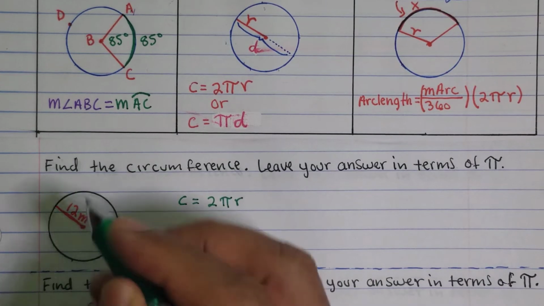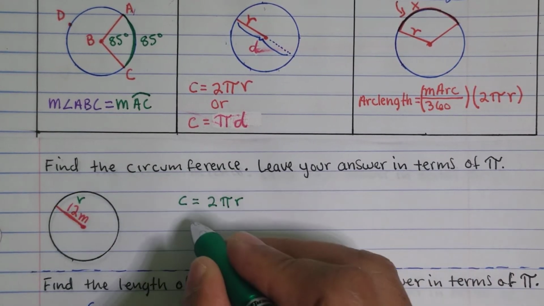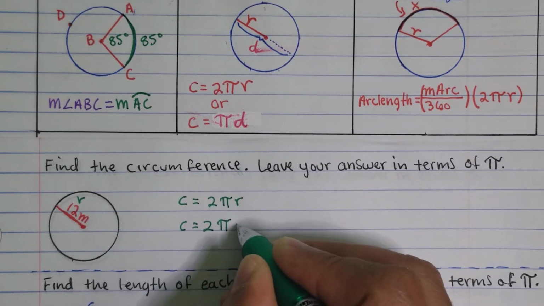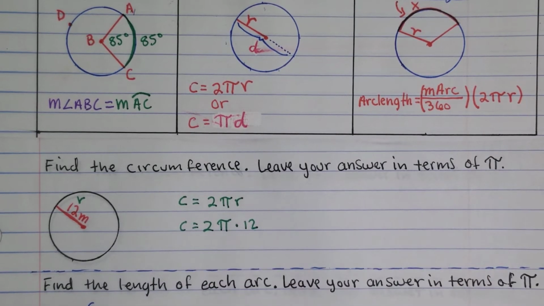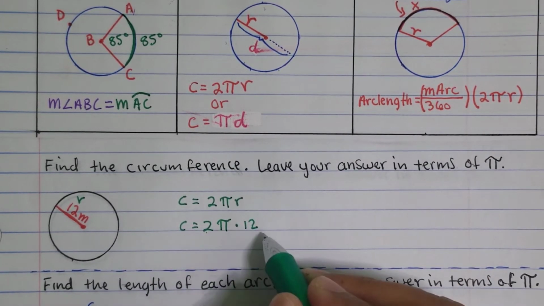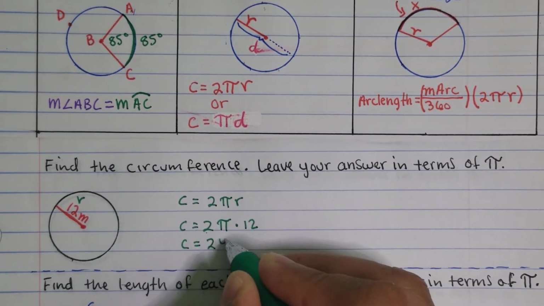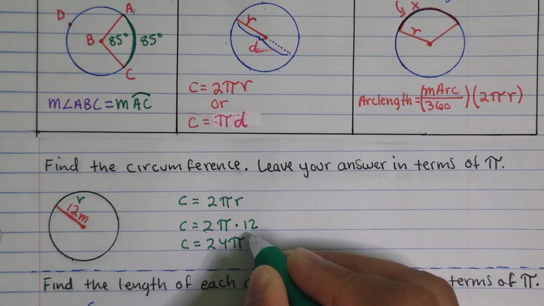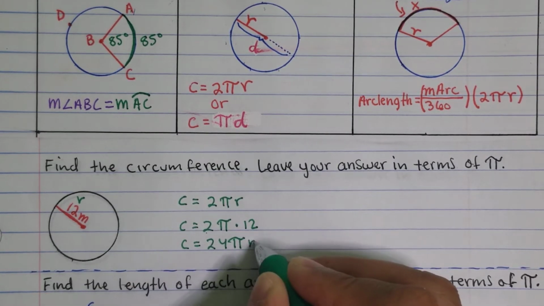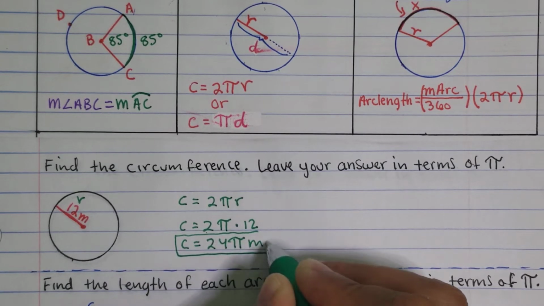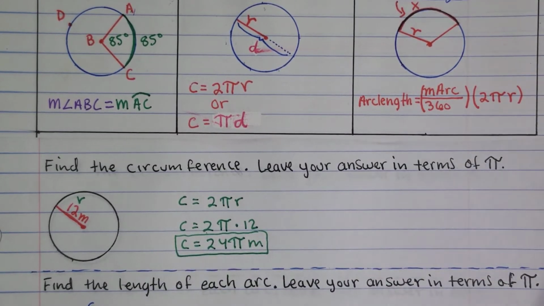And we're given that the radius is 12. So then this equals 2 times pi times 12. Then we just multiply 2 times 12, and that's equal to 24 pi meters. So this will be the circumference of this circle in terms of pi.